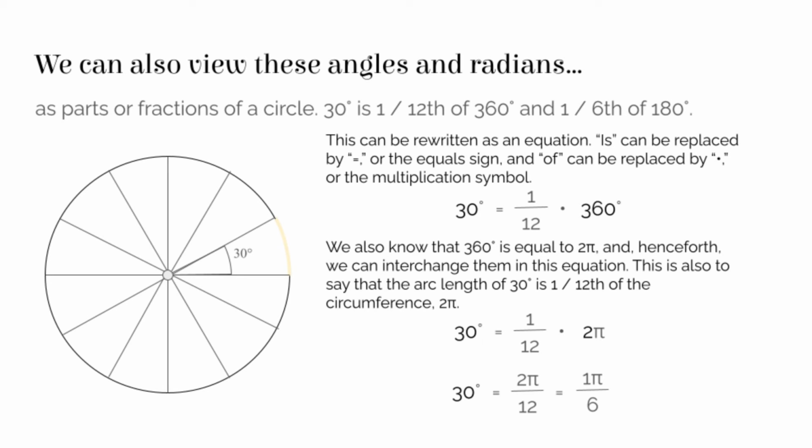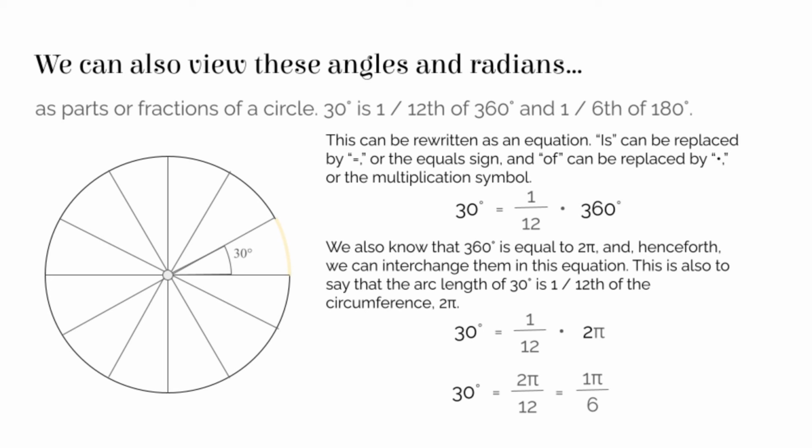We also know that 360 is equal to 2 pi, and henceforth we can interchange them in this equation. This is also to say that the arc length of 30 degrees is 1/12 of the circumference, 2 pi. 30 degrees equals 1/12, or 1 divided by 12, multiplied by 2 pi.